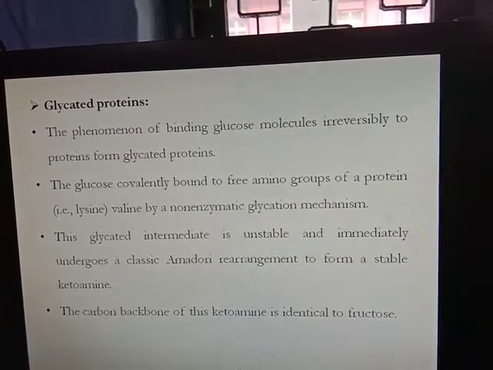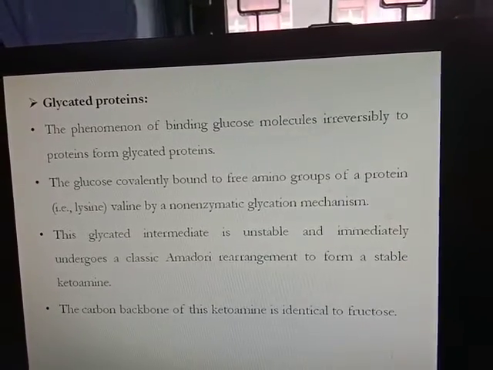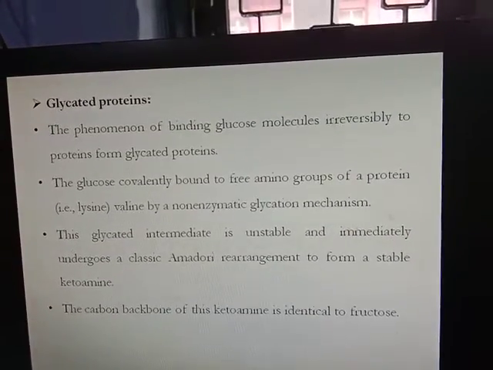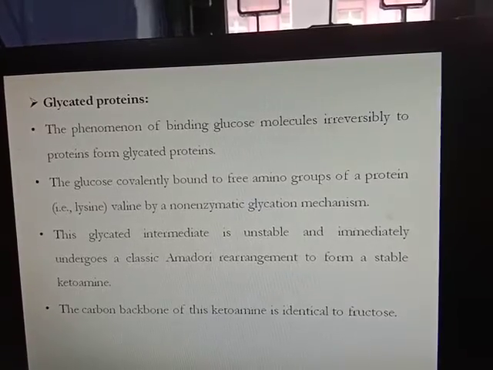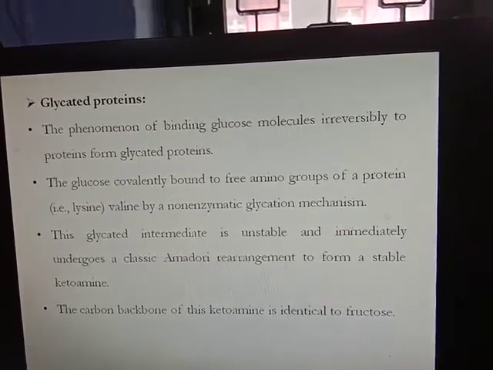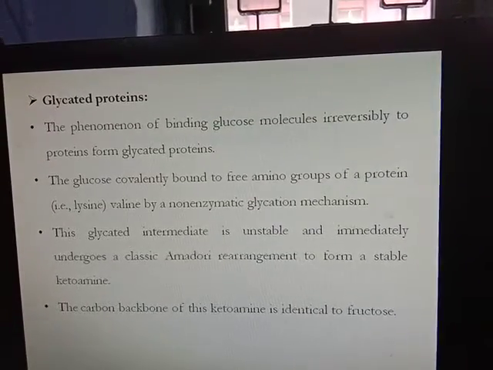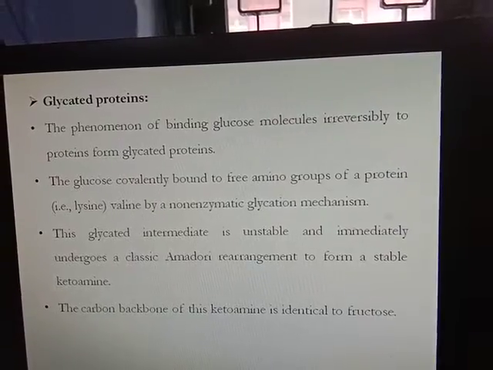The amino acids mostly used to bind glucose are lysine or valine, by a non-enzymatic glycation mechanism. This glycated intermediate is unstable and immediately undergoes the classic Amadori rearrangement to form stable ketoamines.